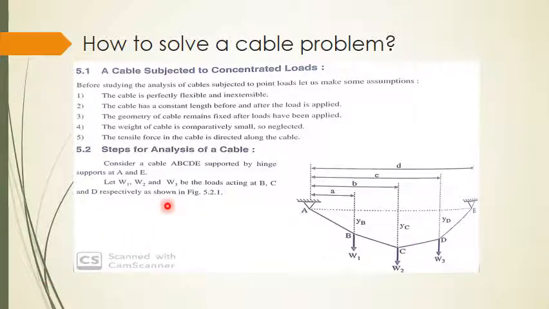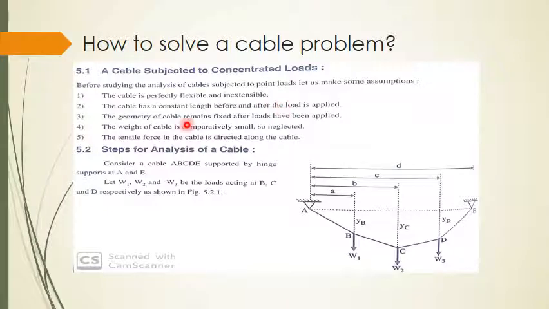Now there are a few assumptions when we are doing the analysis of cable. First, the cable is perfectly flexible and inextensible. That means the length of the cable will not be changed under the action of the load, and the cable is flexible. That means it will change the shape according to the suspensions of the load. The cable has a constant length before and after the load is applied, that is it is inextensible.